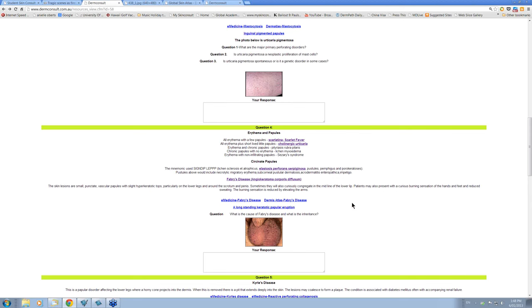A spreading buttock rash and a rash around the mouth as well, sometimes with little pustules at the edges. Subcorneal pustular dermatosis, that's an IgA dermatosis. Often a hanging pustule, in other words, a blister with a little hypopyon, a little level of pus in the blister itself. And impetigo is similar.